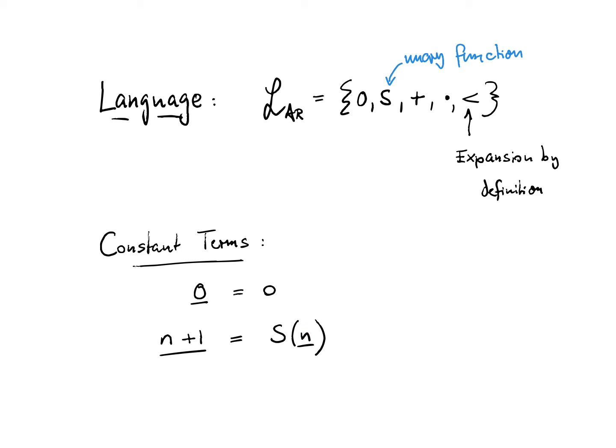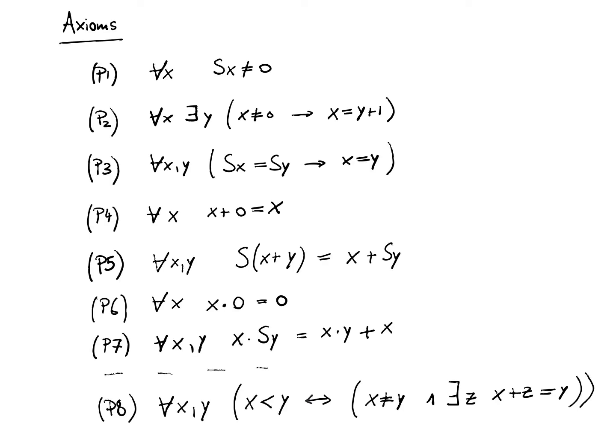So you can think of this term as 1 plus 1 plus 1 plus 1, n plus 1 times. And these constant terms will allow us to talk about, in any structure, here L arithmetic, a version of the natural numbers.